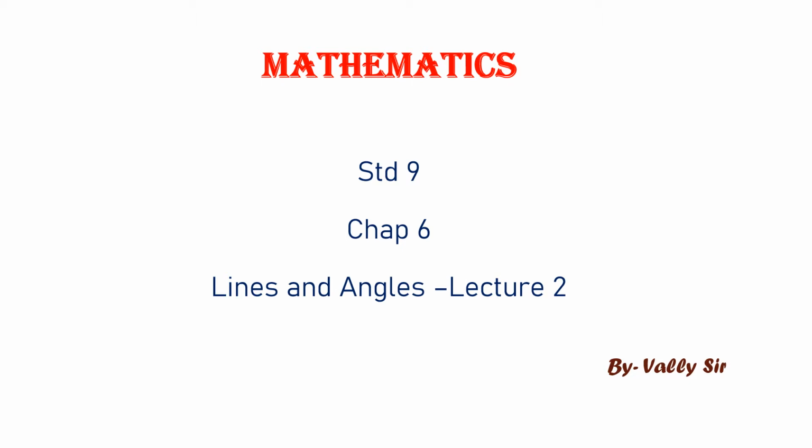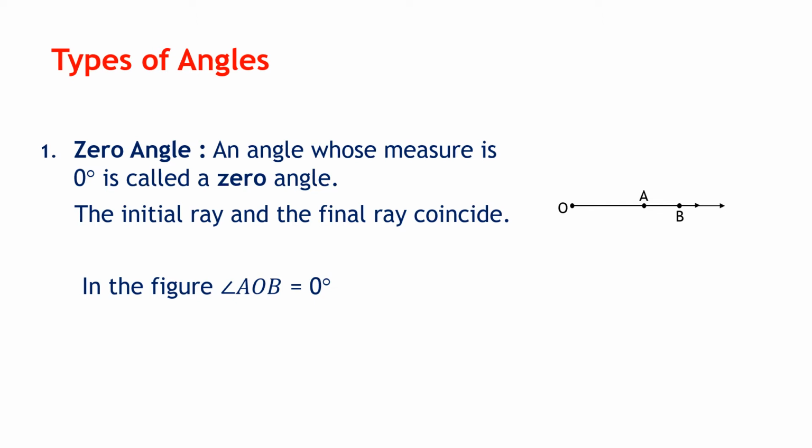Today we extend our vocabulary and will go further into different types of angles based on their measurement. The first one is a zero angle. An angle whose measure is 0 degree is called a zero angle. In a zero angle, the initial and the final ray coincide.